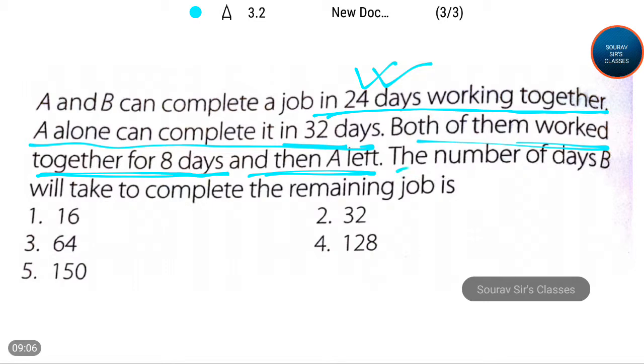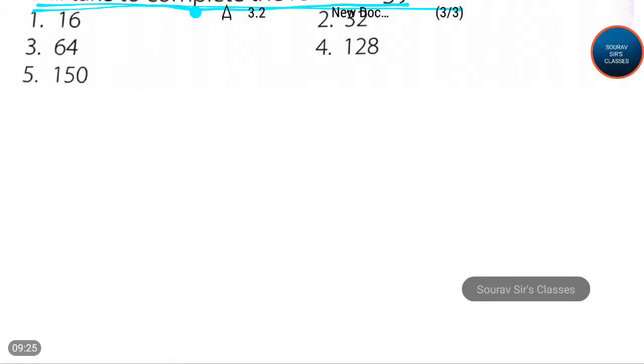Now, the number of days B will take to complete the remaining job. So, we will have to find out the number of days that after A leaves, B will take to complete the remaining job. And here again 5 options are given. So, now let's start.